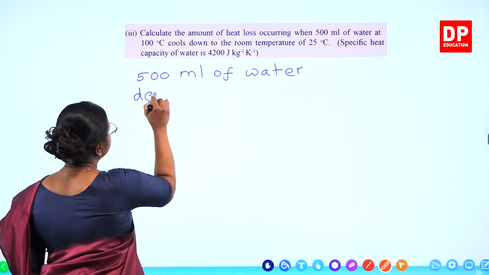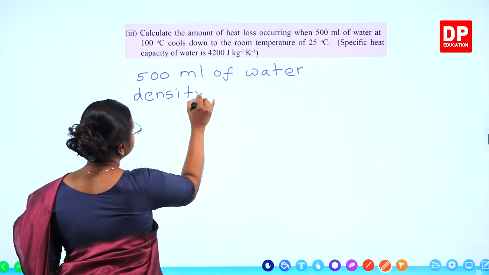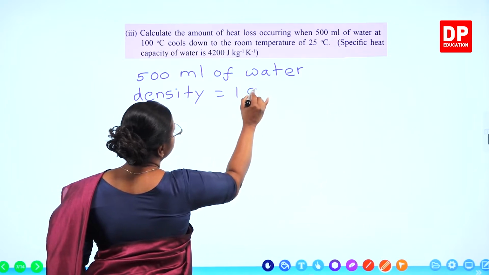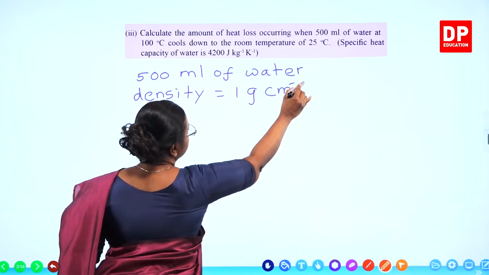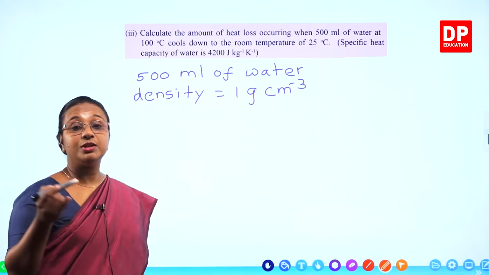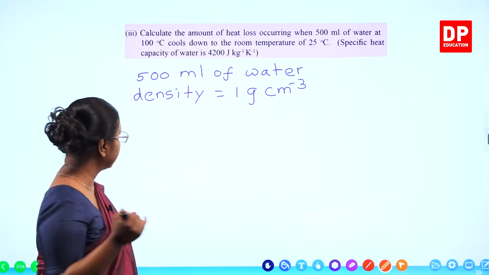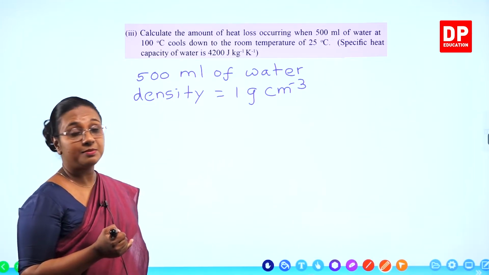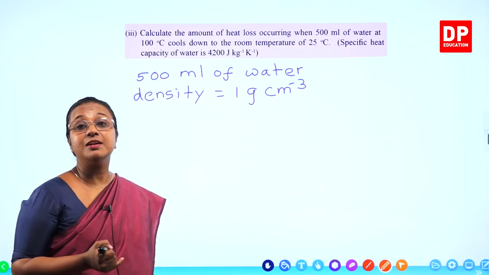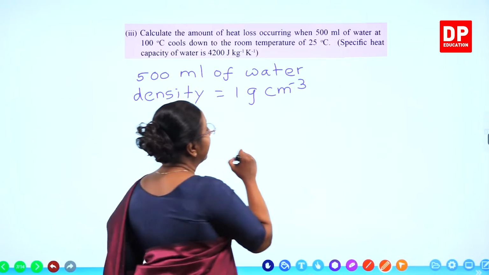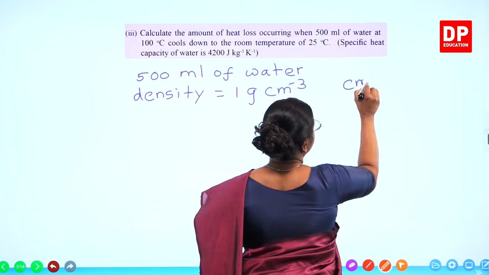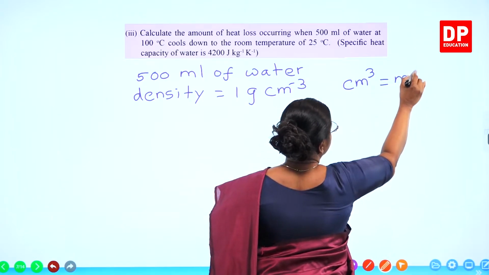So here, if we take density, we can take it as 1 gram per centimeter cube, or you know it is equal to 1000 kilogram per meter cube. I took 1 gram per centimeter cube because it is 500 milliliters of water. And with that, you all know centimeter cube equals milliliters.